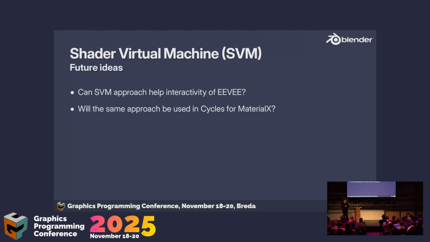Looking forward, we are investigating whether this approach can be used in our real-time engine, which we call Eevee, to minimize the stuttering and the wait time when artists tweak materials. Another point is that we are looking into supporting MaterialX natively in Cycles.